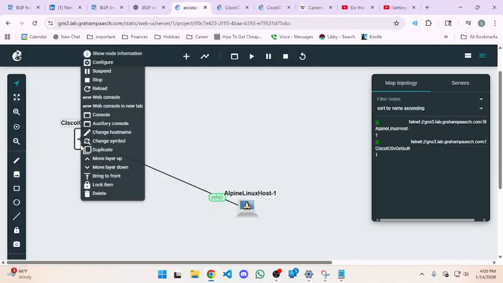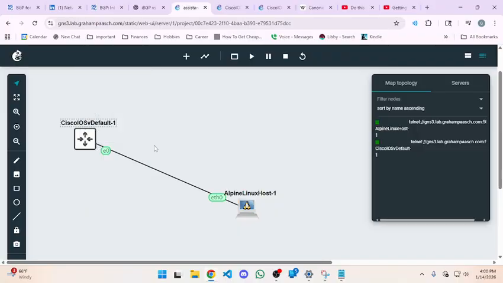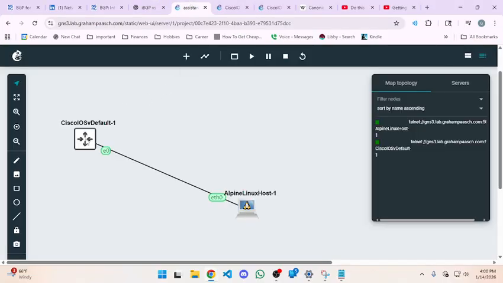Reload. Already started, so I'm going to stop them all.